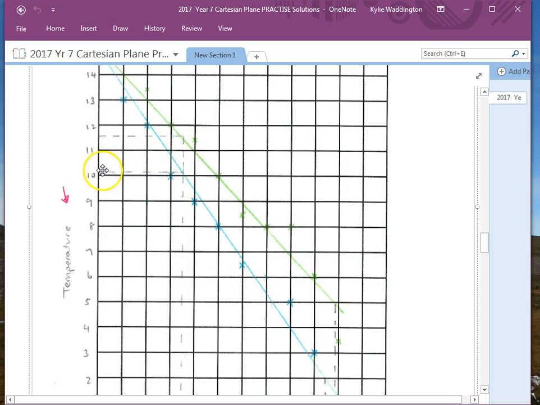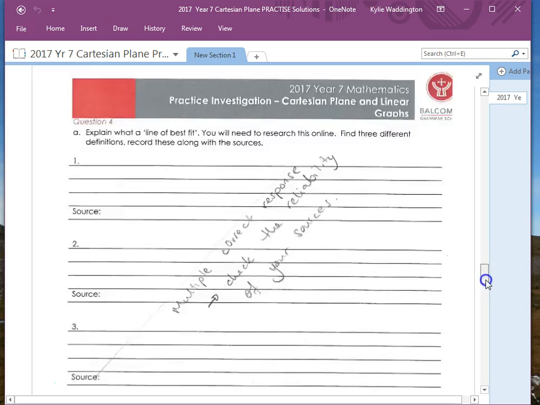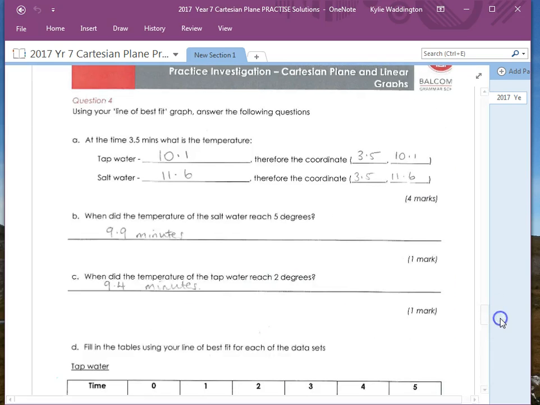Obviously it's not perfect, but I've said that it's 10.5 for the tap water and 11.6 for my salt water, and put it into the answers here, as well as putting them as coordinates.